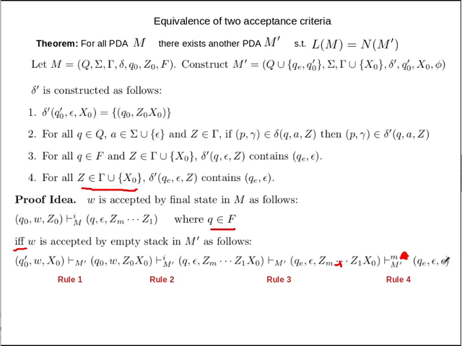To go to empty stack you have to remove this X0, right? And how can you remove X0? You cannot remove X0 by any transition in this rule 2, because it is just copying the transitions of M, which does not have X0. You see that this is for this Z belonging to capital gamma. So all these transitions, they cannot remove this X0.